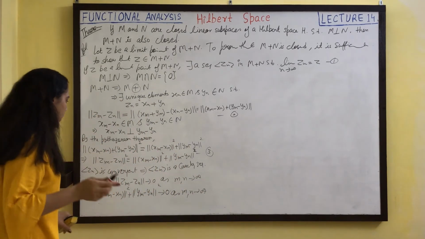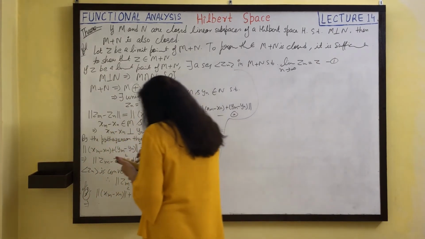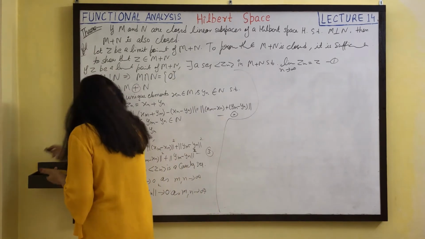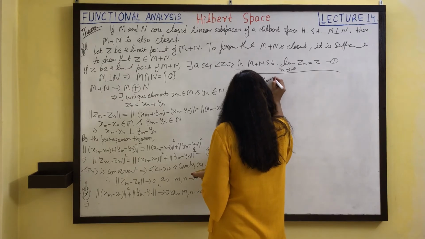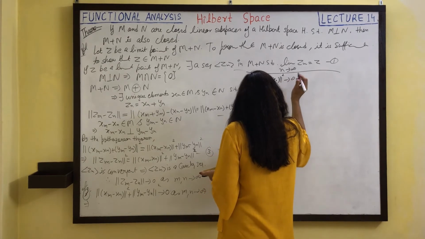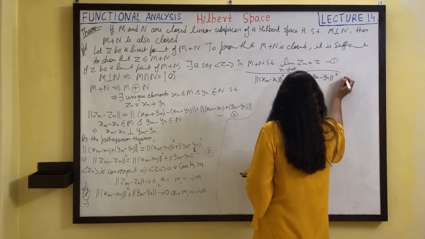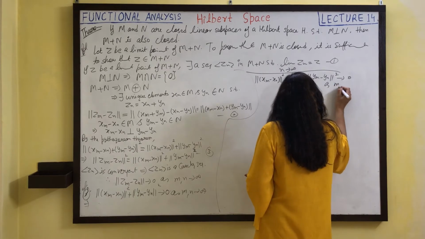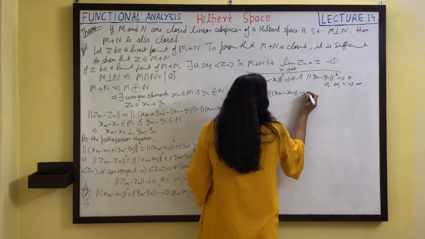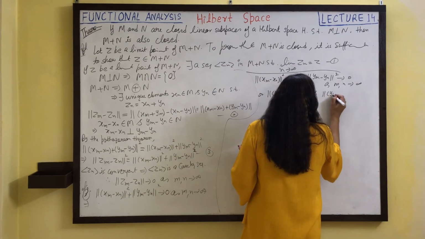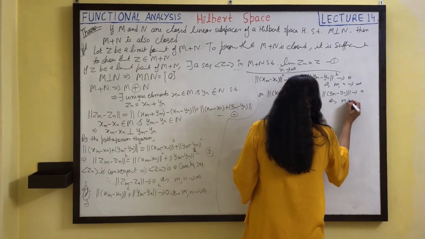Now from here we can write norm xm minus xn squared tends to 0 and norm ym minus yn squared tends to 0 as m, n tend to infinity, or we can say norm xm minus xn goes to 0 and norm ym minus yn goes to 0 as m, n tend to infinity.